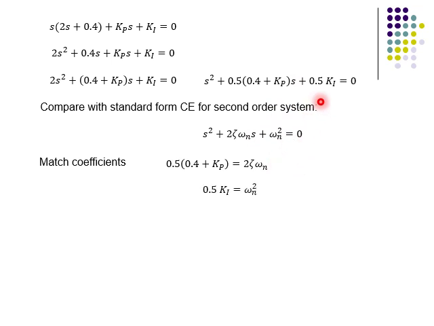If we equate the constant terms, we get another equation which involves Ki. The first equation involves Kp, and we can rearrange that to get a formula for the value of Kp in terms of the damping ratio and natural frequency. We can do the same thing with the second equation to get a formula for Ki.